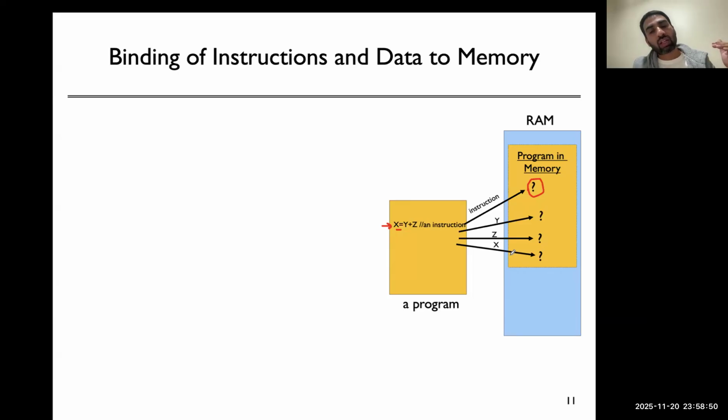Because if the CPU doesn't know the location of the instruction in the memory, it cannot fetch that instruction, and then it cannot execute it. Similarly, if it doesn't know where in memory the variables x, y, and z are located, it will not be able to read them and will not be able to perform the computation.